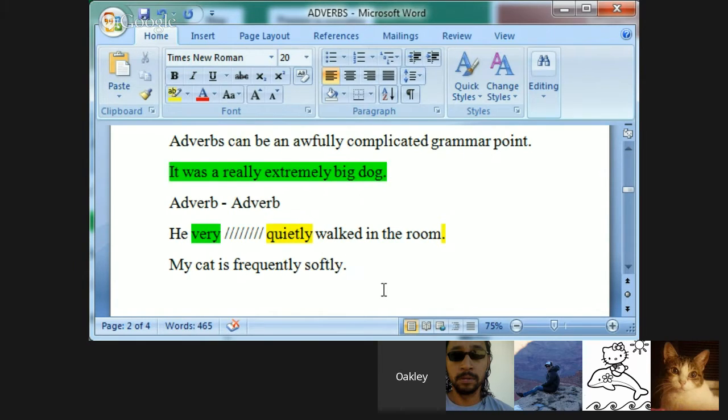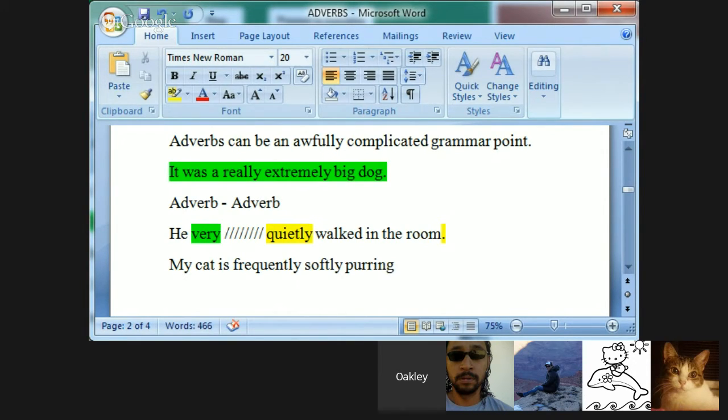So, is frequently softly what? Oh my god. My cat looks frequently softly like a rabbit. No. I don't know, teacher. Here, let me help you out. Yes, please.